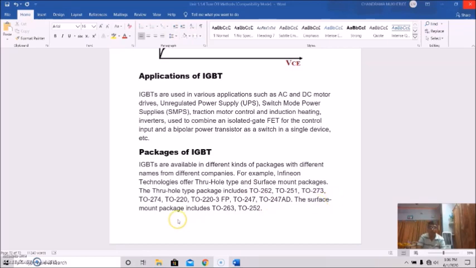Through-hole type packages include TO262, TO251, TO273, TO274, TO220, TO247 and TO247 AD, and surface mount packages include TO263 and TO252. So that's all about IGBT.